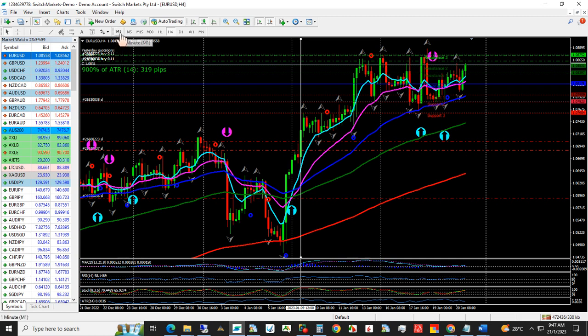For strategy 1 that runs on system 1 at the 1 minute, we risk 1%. For 2, we risk 2%, 3%, 4%, 5%, 6%. So strategy 6, we'll be risking 6%. For strategy 7, we risk 7%. For strategy 8, we risk 8%. And for strategy 9, we risk 9%.